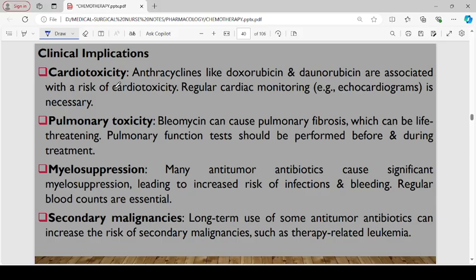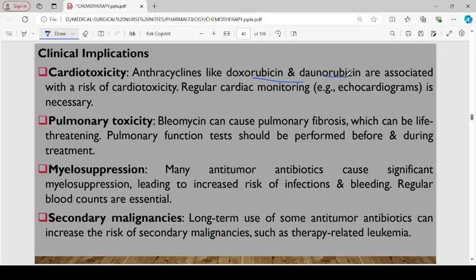So generally, when you're dealing with anti-tumor antibiotics, we have to monitor several issues in a patient. These drugs, which are also called anthracyclines, like doxorubicin and daunorubicin, are more associated with the risk of cardiotoxicity. So we do regular cardiac monitoring, like using an echo, which is very necessary in that case.